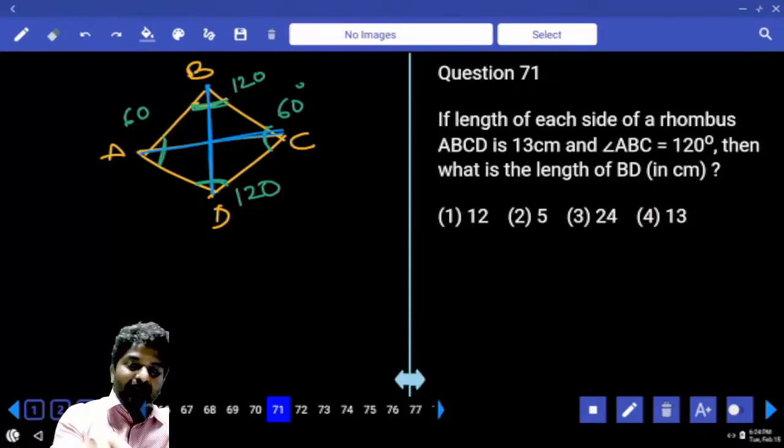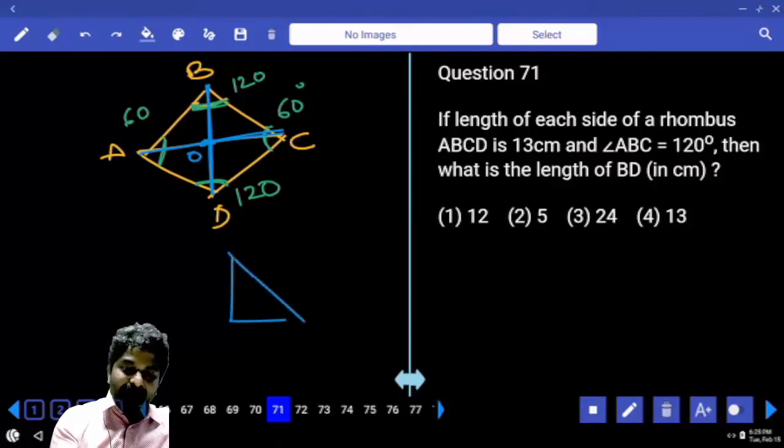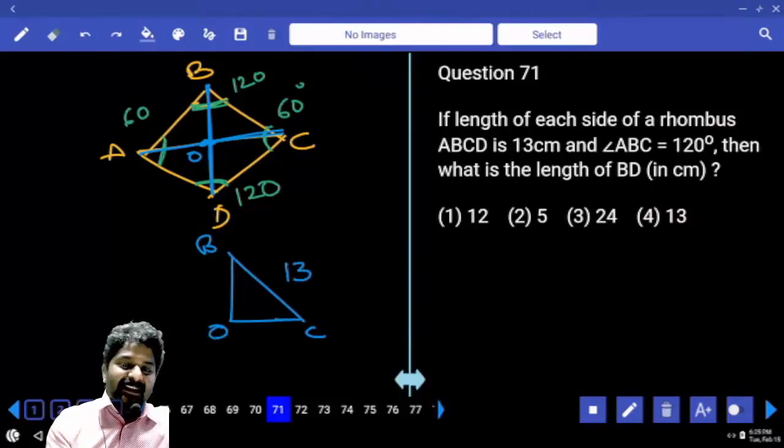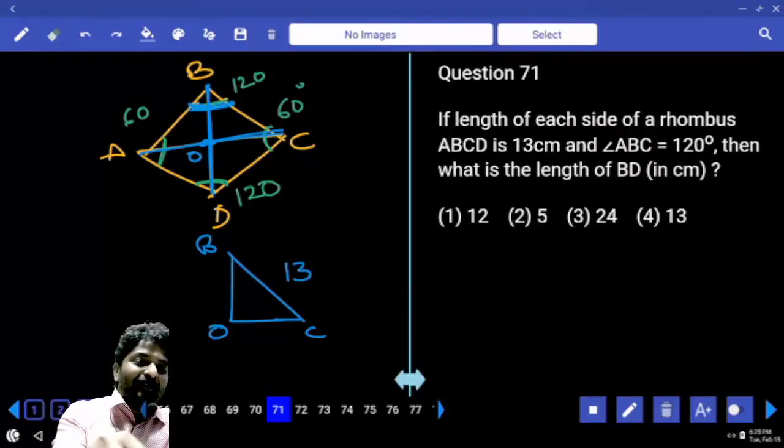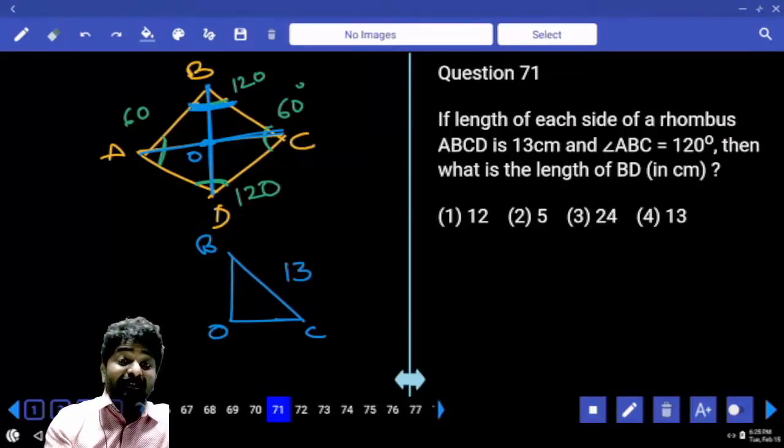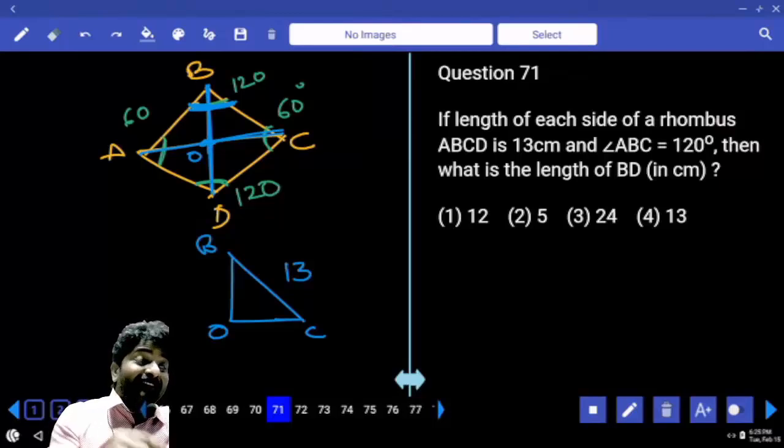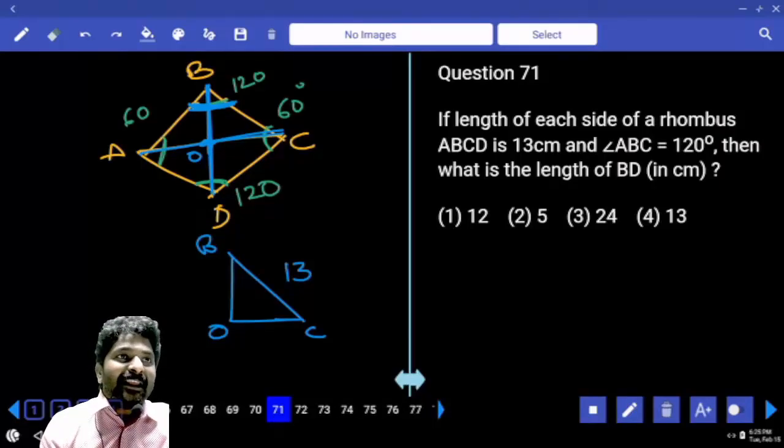Now if this is center O, take the triangle BOC. BC is already given as 13, correct? Now you know that angle at B is equal to 120. Then this diagonal divides that 120 angle equally, right?